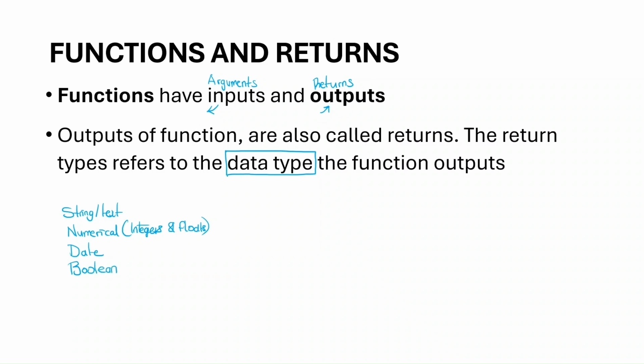So why is the data type of the return important? Well, let me start by explaining that you can give the same input into two different functions and they will output different data types depending on the nature of the function.